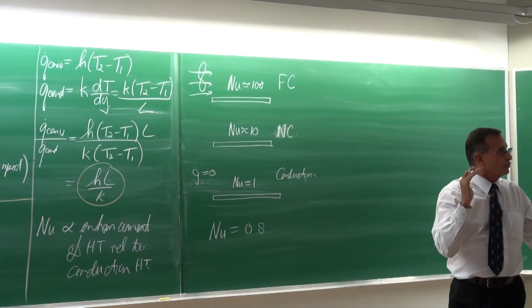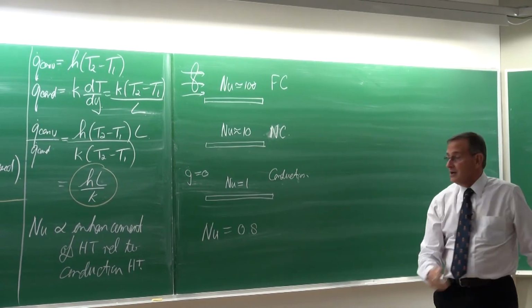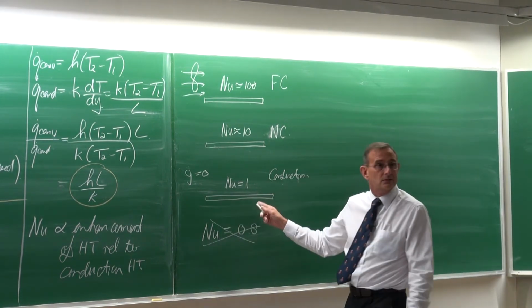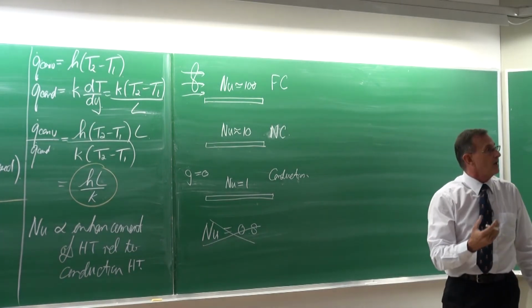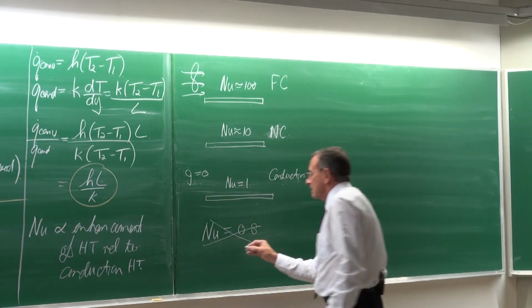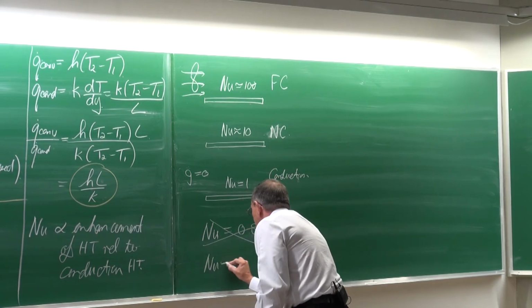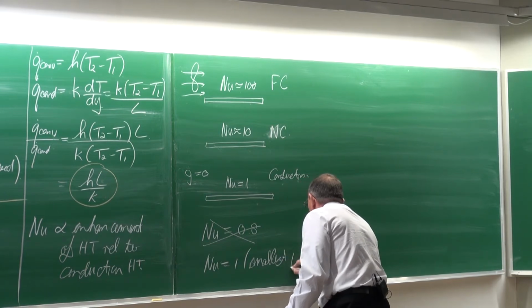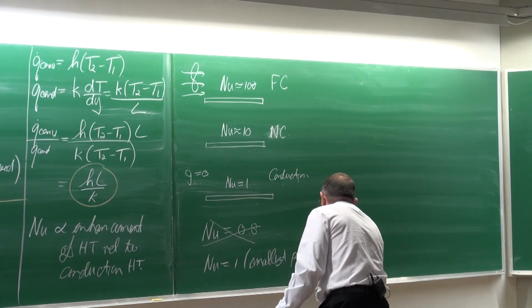The red lights should go on. Why? Because a Nusselt number cannot be smaller than 1. 1 represents conduction heat transfer. So a Nusselt number equal to 1 is the smallest possible Nusselt number.